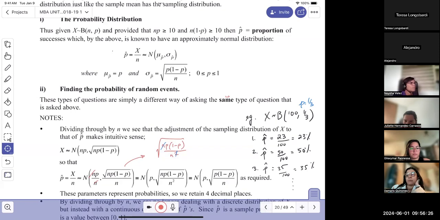So as I promised you, you're going to use p hat more, you're going to talk about the proportion more, rather than the number of successes. So you're not going to talk so much about the number of people who will vote Republican in the upcoming election, but you're going to talk about the proportion of people.